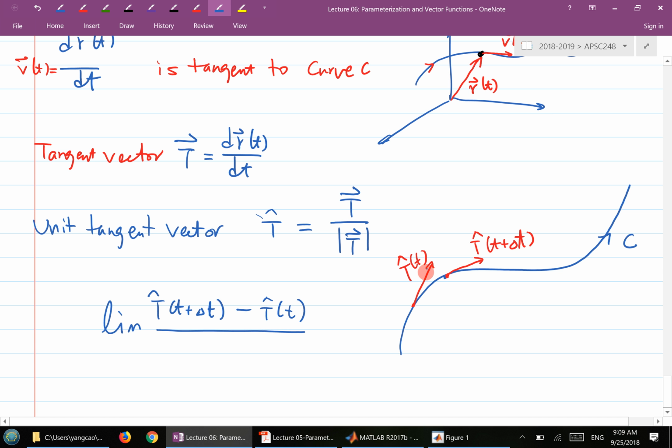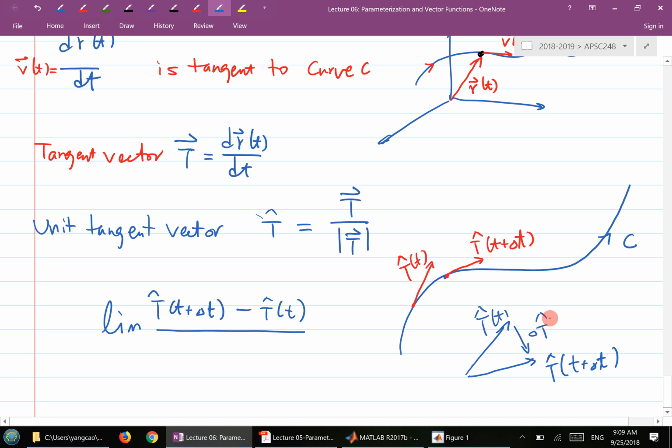Basically it's like this. Here's one vector, T hat at t, and here is the vector T hat at t plus delta t. Vectors are free, right? So you can always move them to start at the same location. Then when I use this one minus this, I get this vector here.